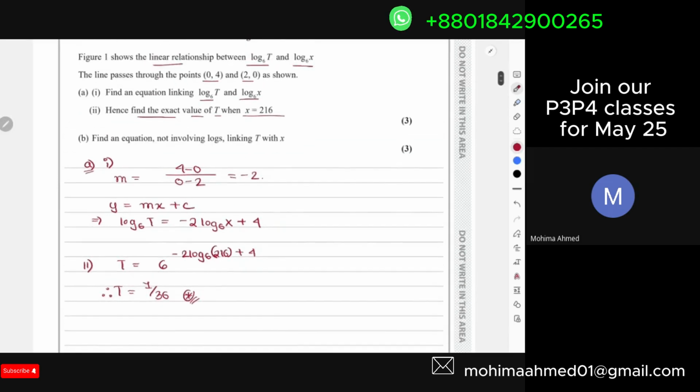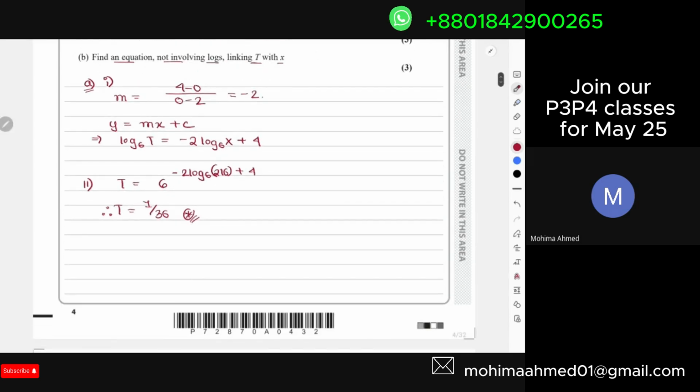After this, now they're asking to find an equation not involving logs linking x and t. Now that I know what t is, t is 2 log 6x plus 4.